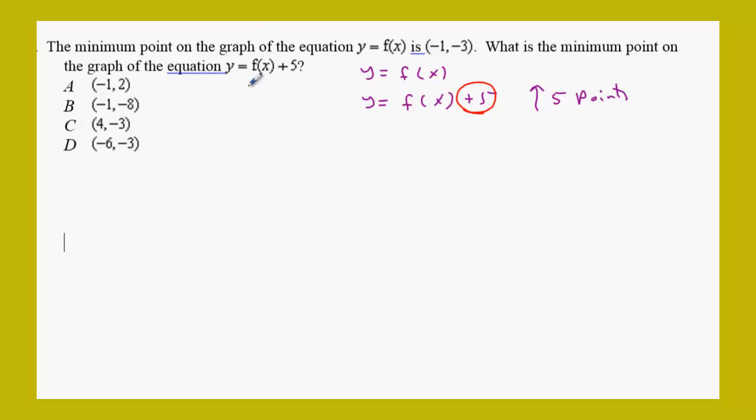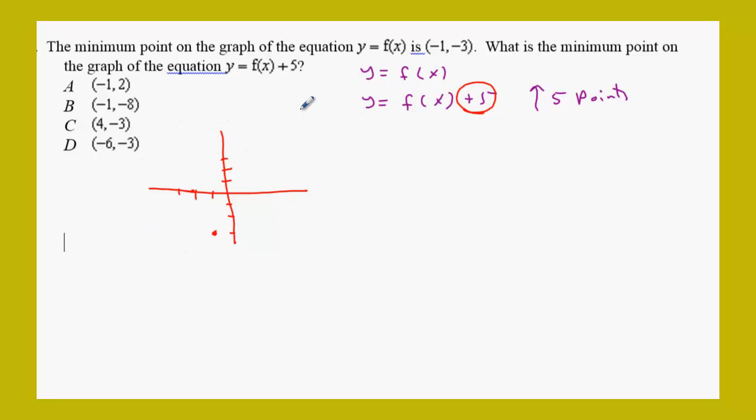The other way is, let's sketch it here so you know what I'm going to be talking about today. This is coordinate geometry, and let's plot the points. The minimum point is (-1, -3). Which function are we going to graph?